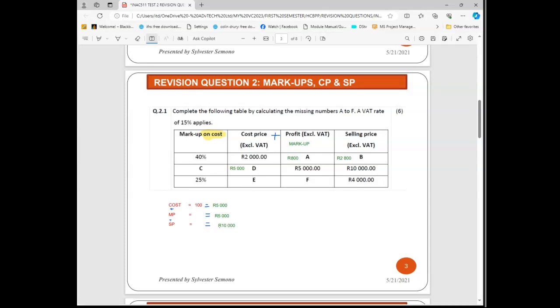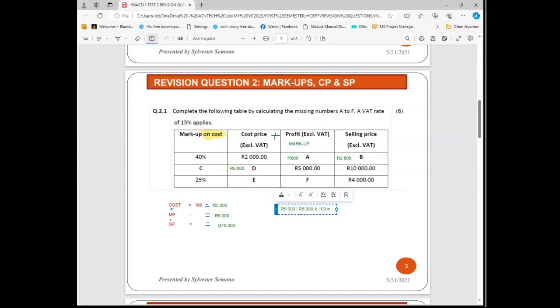This means you take that profit or the markup and you put it on cost. What is the profit here? How much is it? It's 5,000. Put it on cost. What is the cost? 5,000. And we just multiply it by 100 to get a percentage. That's how to find the percentage.